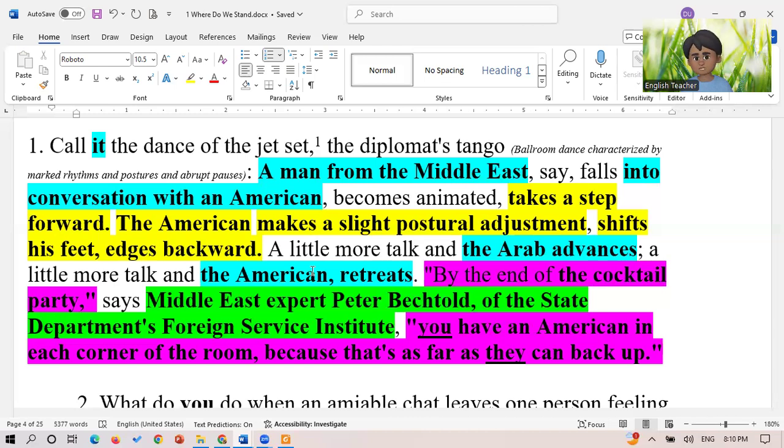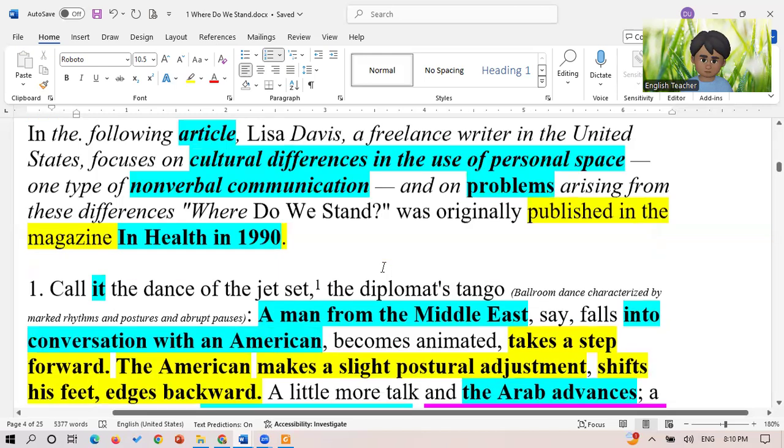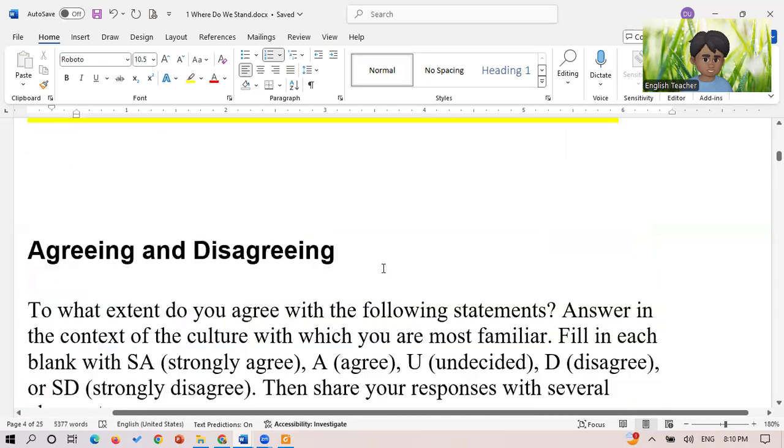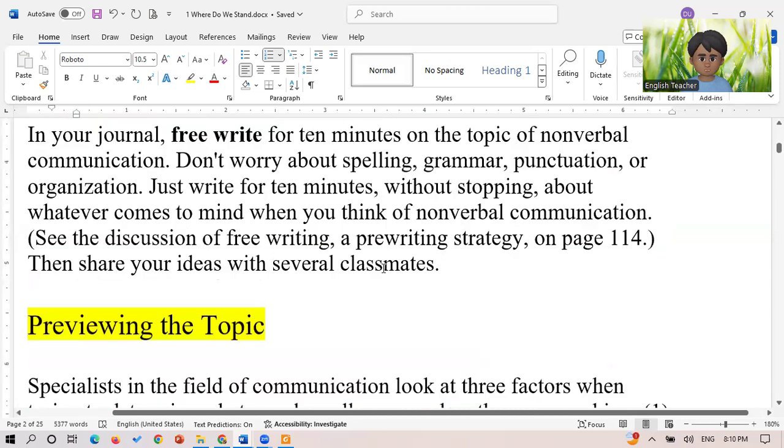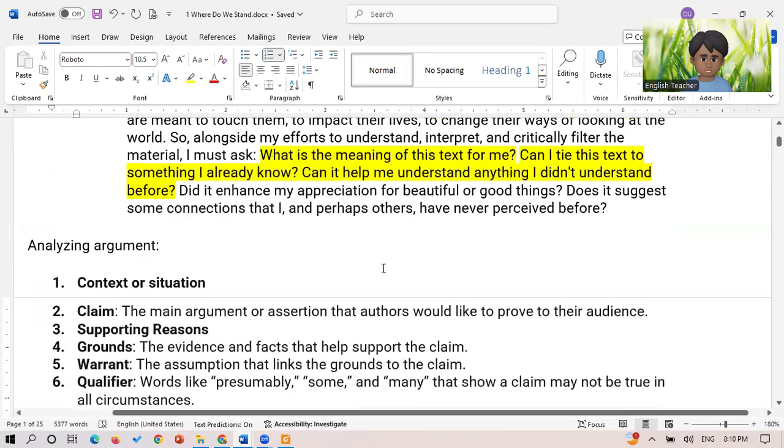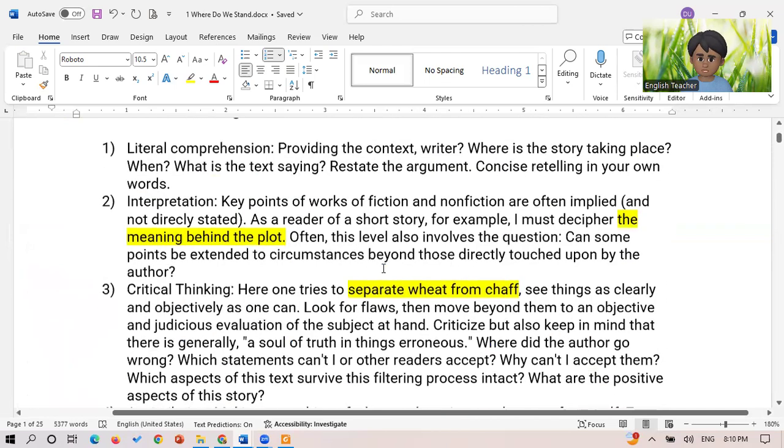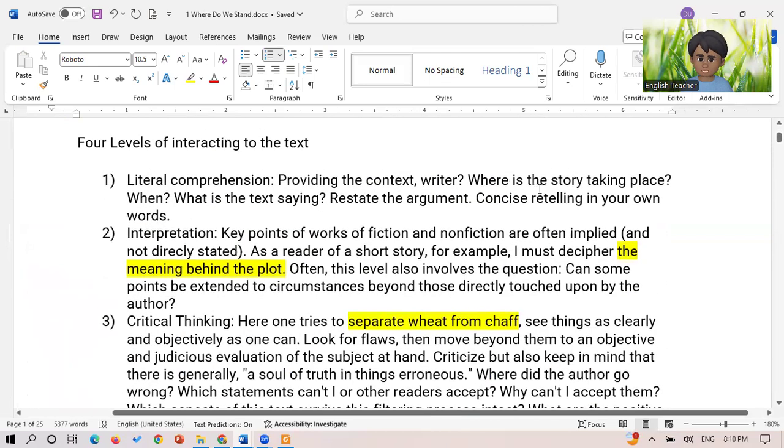And then this difference in the assumption about how people use or occupy public space leads to bitter experience. For example, the Middle Eastern fellow feels chilled, whereas the American feels bullied. So as you read the opening paragraph of the essay, you have a better understanding about the context of the essay and where the story is taking place.